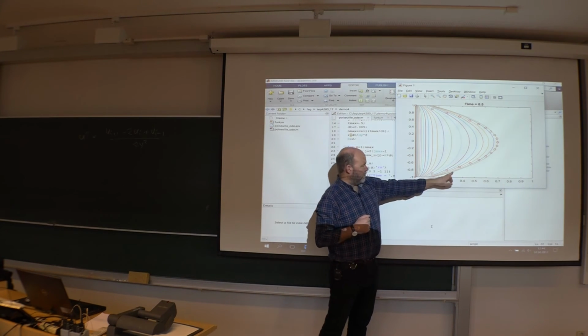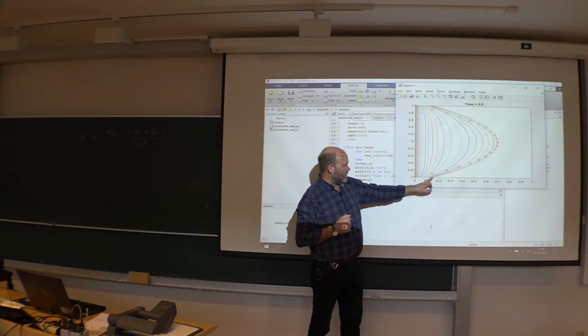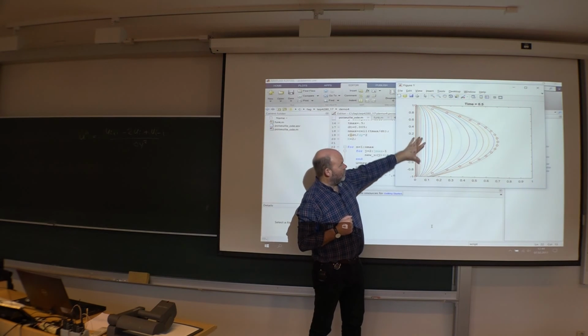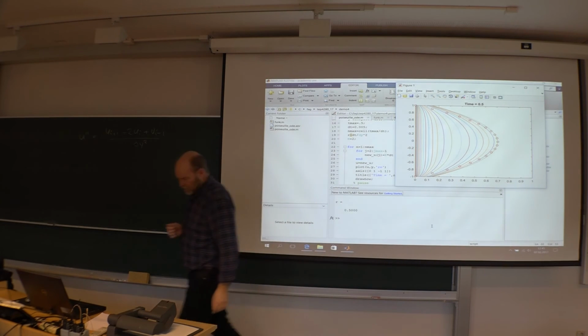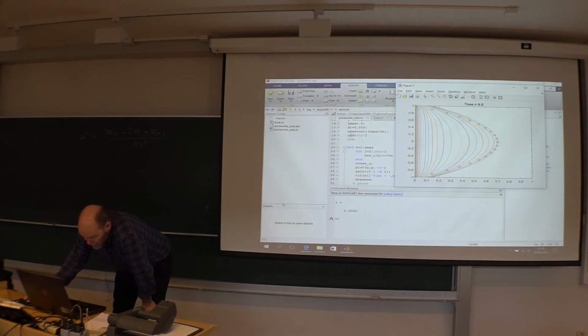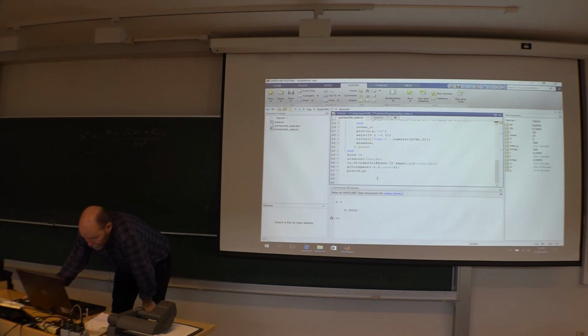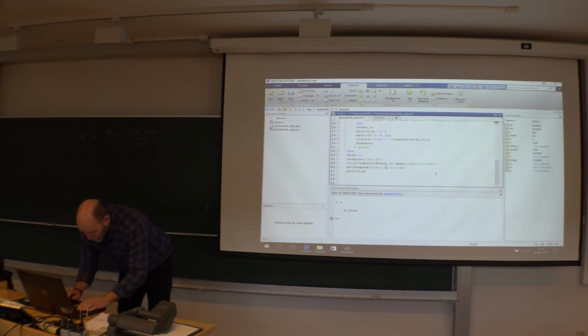Also, I don't believe that we have a slip velocity here. So I think the scale for the ODE solver is not correct, is it? It really can't be. No, it can't be. So here I need this one plus dy, and here plus 1 minus dy. Let's see if that helps.